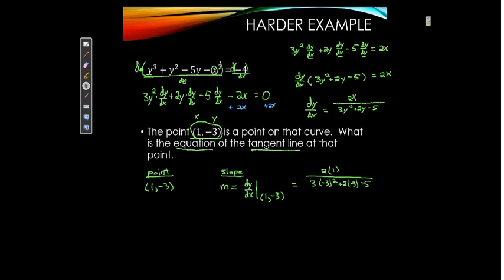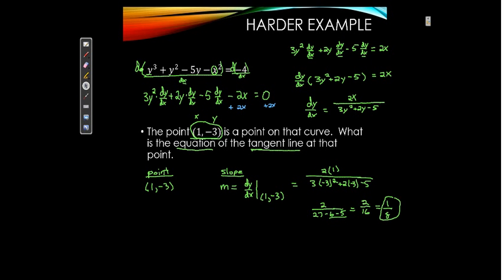Then we'll have 2 over negative 3 squared is 9, times 3 is 27, minus 6, minus 5. 27 minus 11 is 16, which equals 1/8.